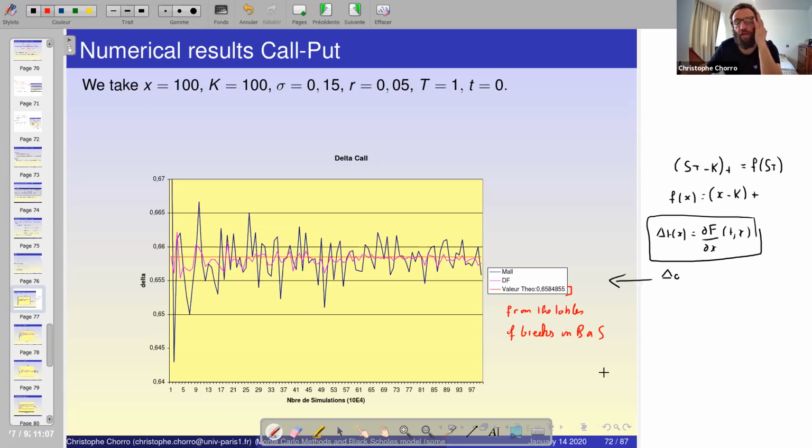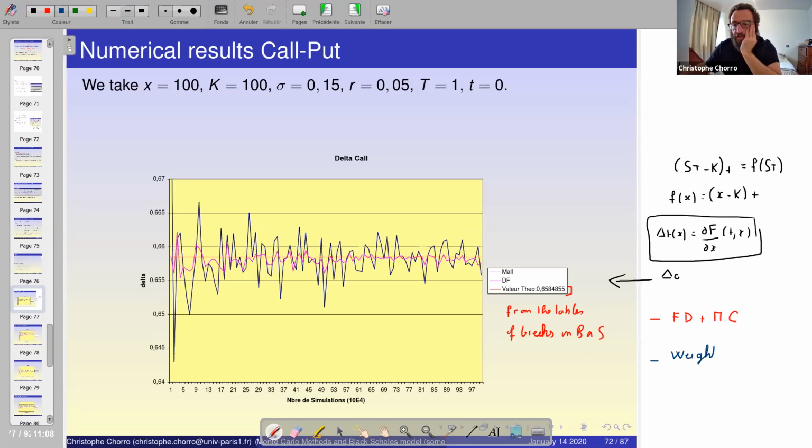But what we are going to do here is to see what happens if I approximate this quantity that I know with the two previously mentioned approaches. The one that uses finite difference plus Monte Carlo methods, and the one that uses, let's say, the weights.